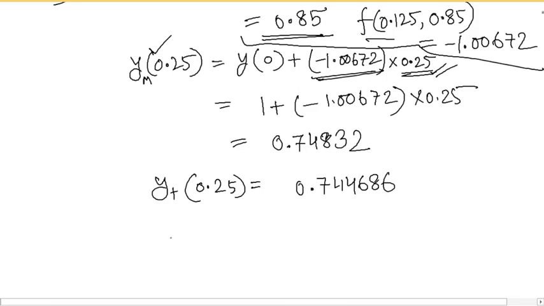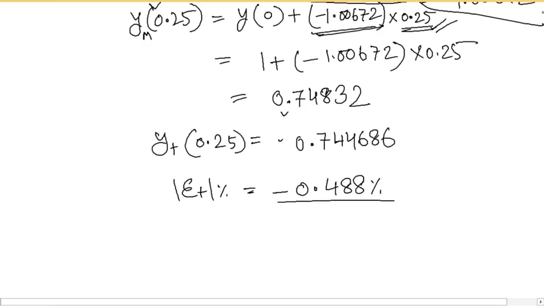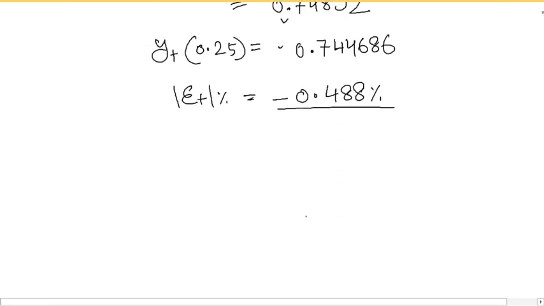So now you can calculate the true error: true value minus predicted value at the midpoint, divided by the true value, times 100%, which will be equal to 0.488%. You see, this is very close to the original solution, only 0.488% error. So this modification is converging.